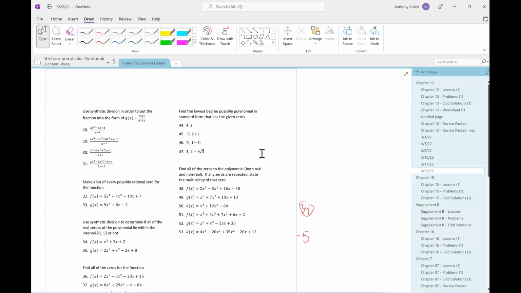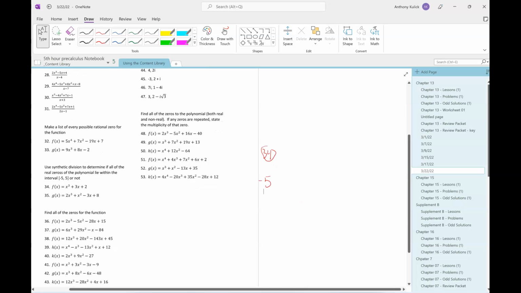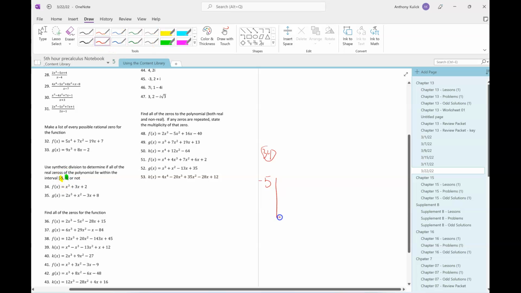So 34, what this basically breaks down to is I just need to do 2 synthetic divisions and look at the results. So the synthetic divisions I'm going to use are going to be with the endpoints for the interval that I'm concerned about.